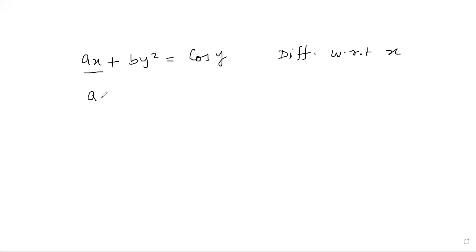Next example, suppose we have ax plus by square equal to cos y. Differentiating with respect to x, ax will give a and by square will become 2by dy by dx, and cos y will become minus sin y dy by dx.